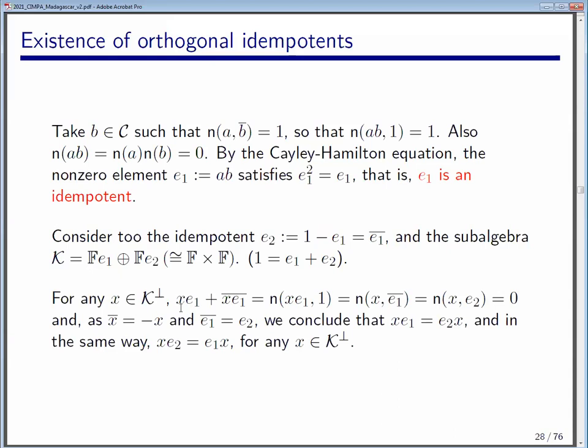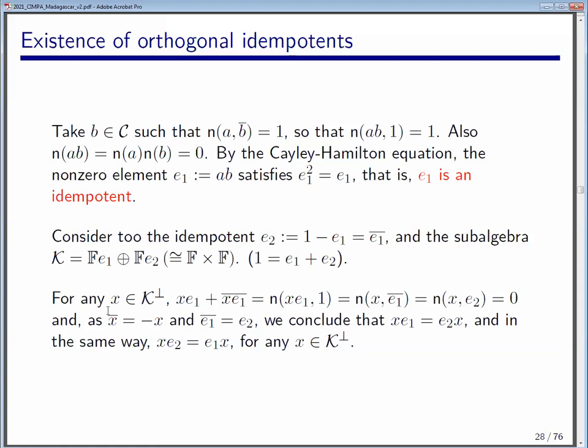And let's compute the trace. The trace is the element plus the conjugate element. Well, the trace, as we know by now, equals the norm applied to x, comma 1. I can move things to the other side with a bar. E1 bar is E2, and x is orthogonal to E1 and E2, so this is 0.